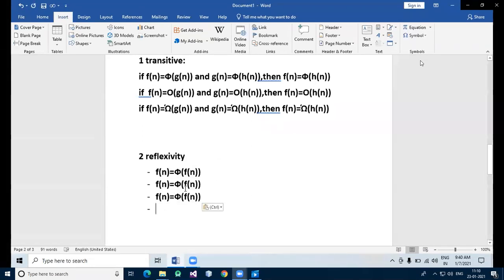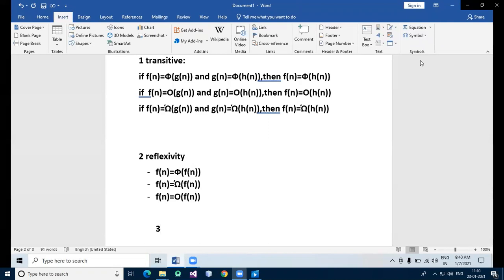Instead of theta we have to replace it with omega and O notation. Okay, so this is about reflexive properties.